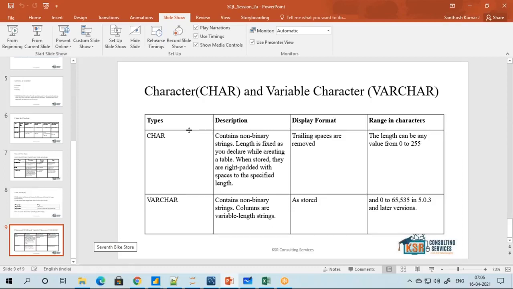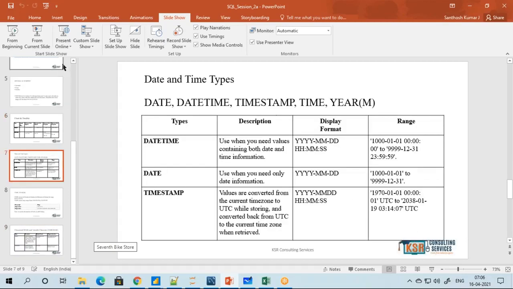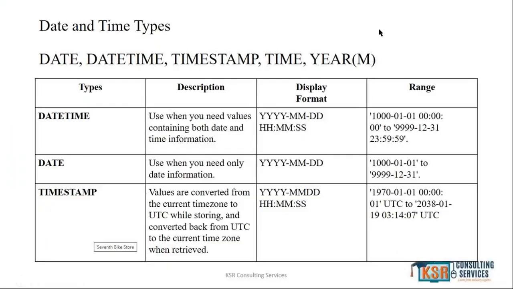Now we will see one more data type, which I'll call the date and time data type. Very important. For time related functions, if you're ordering something, you should have an order date. If you're purchasing something, you should have a sales date.